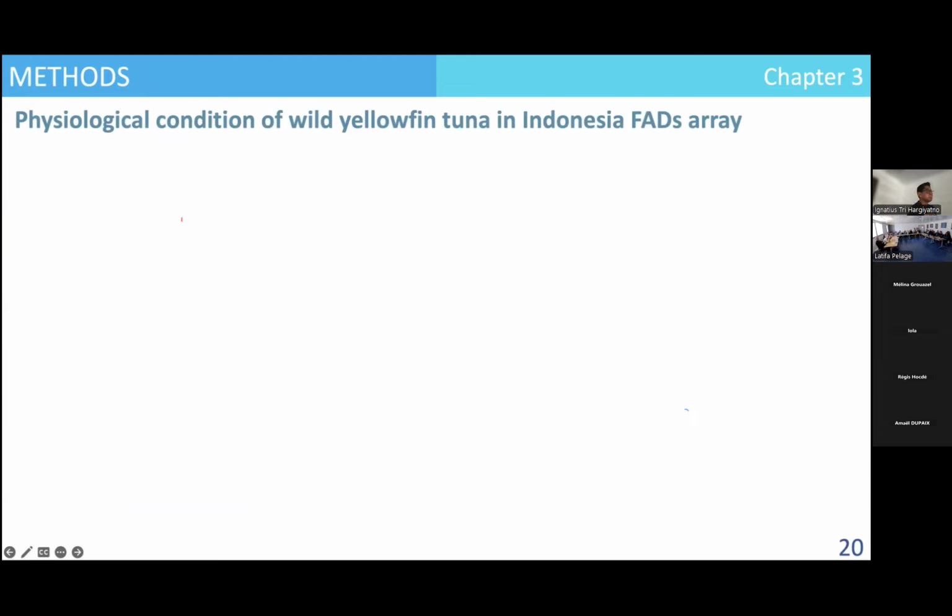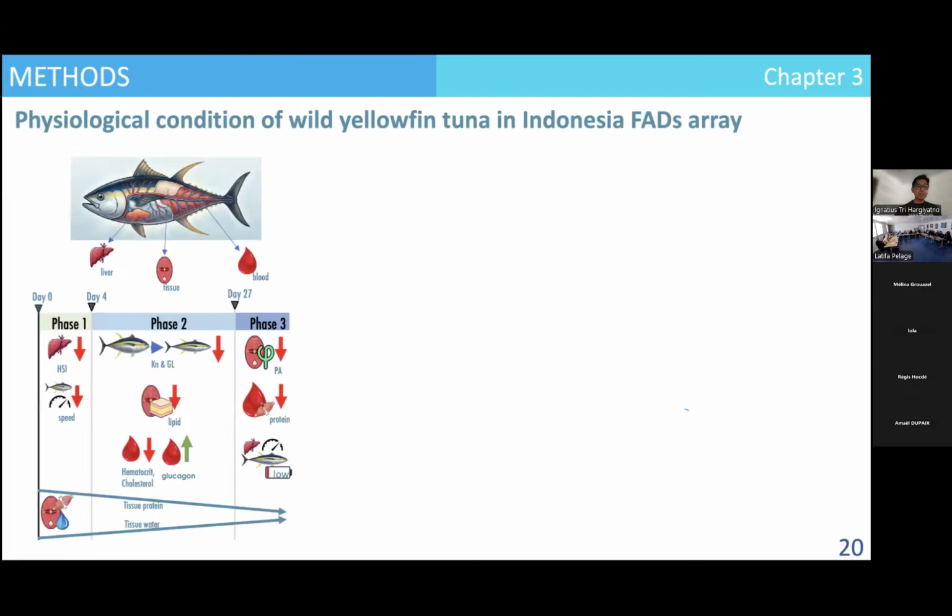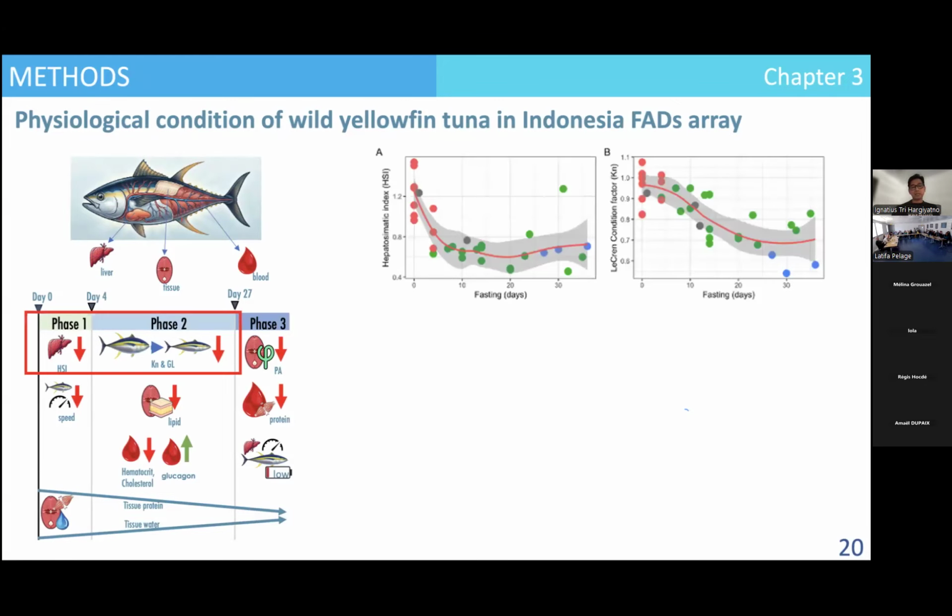For my third chapter, it's related to the physiological condition of wild yellowfin tuna in the Indonesian FADs array. Right now, we know from the experiment we have several condition factors, with a different basis. And I just tried to look at the two condition factors that are really easy to measure in the wild.